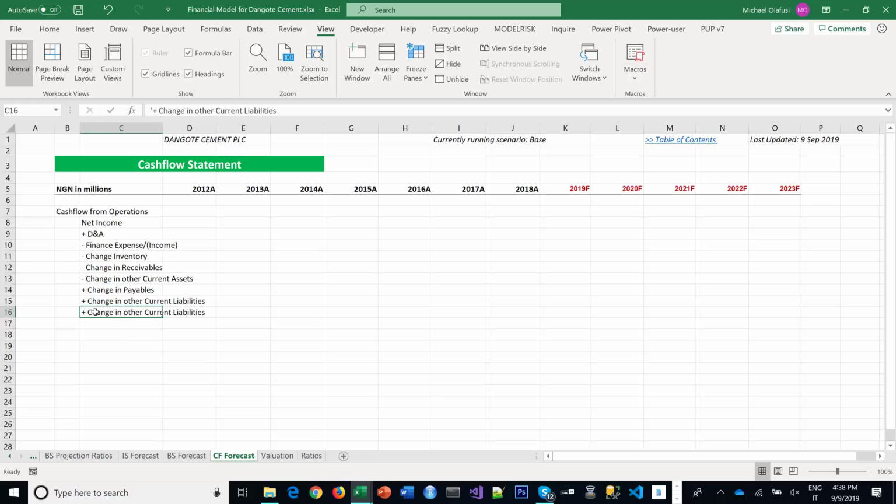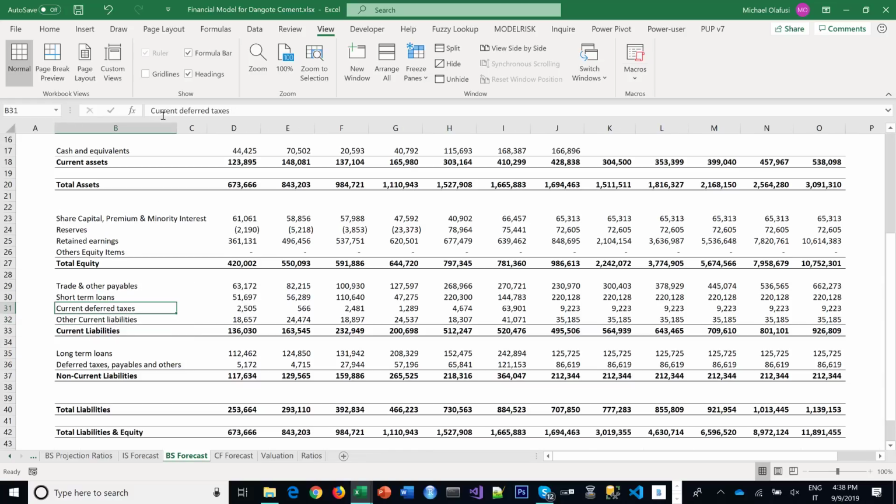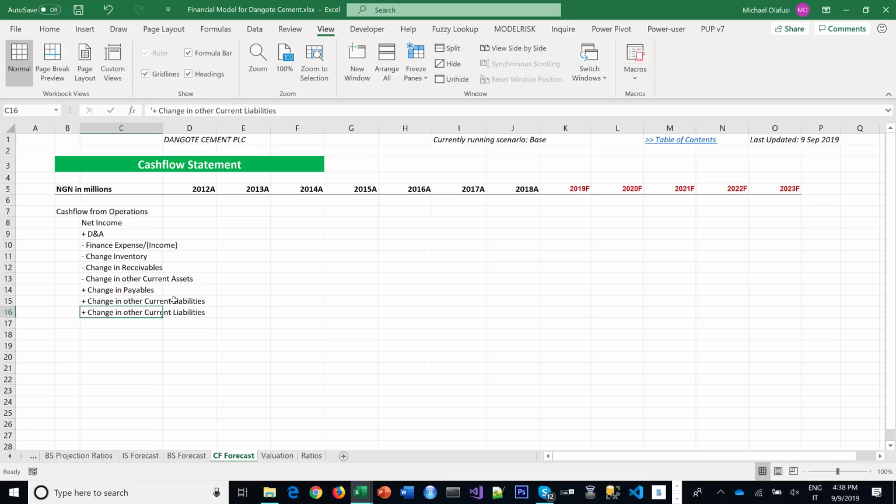Okay, maybe we'll do them separately. I can't seem to make up my mind. So I'll do them separately, at least so we keep that transparency in our model. Okay, so all of this is now what I'm going to put together to get the cash flow from operations.